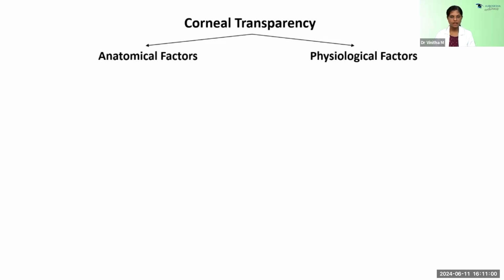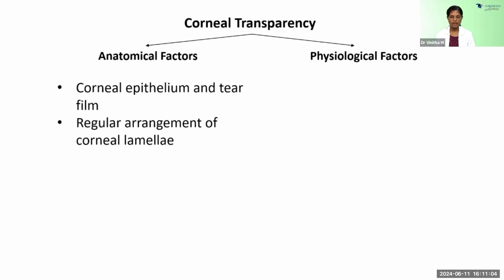Let's see how the cornea maintains its transparency. It is maintained through anatomical and physiological factors, namely the corneal epithelium and tear film. The uniformness of the refractive index throughout the epithelium maintains the transparency. Then the regular arrangement of corneal lamellae.